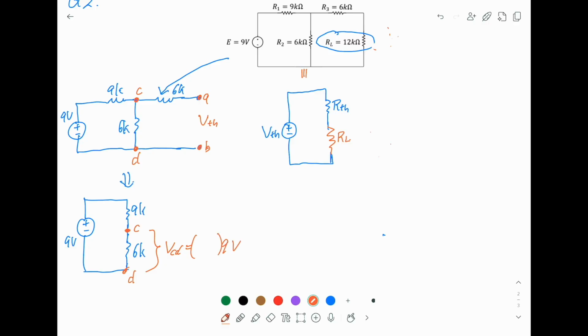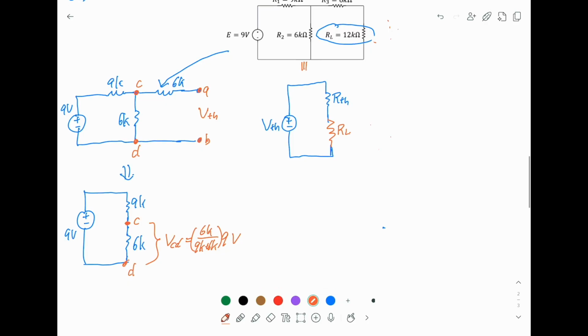The proportional constant, the denominator, is 9k plus 6k. The numerator, because we want the voltage across the 6k, so we put 6k here. And you should be able to see the value here is equal to 3.6 volt. Now this is exactly the Thevenin voltage.